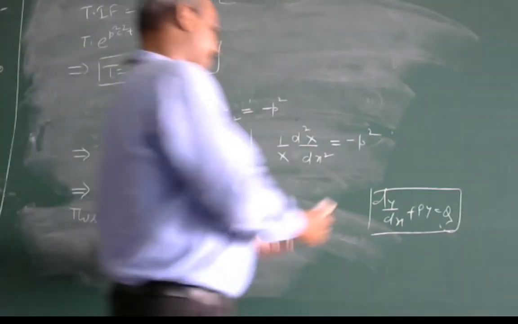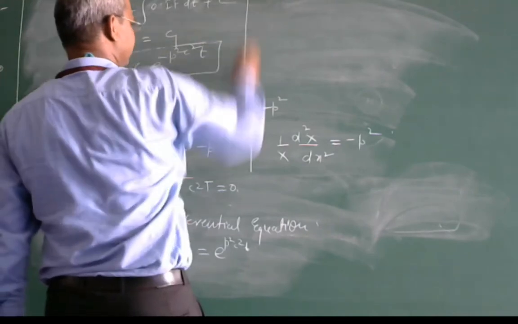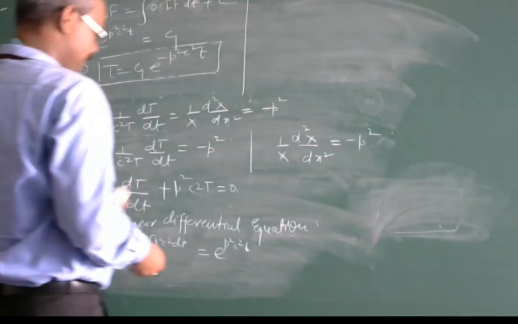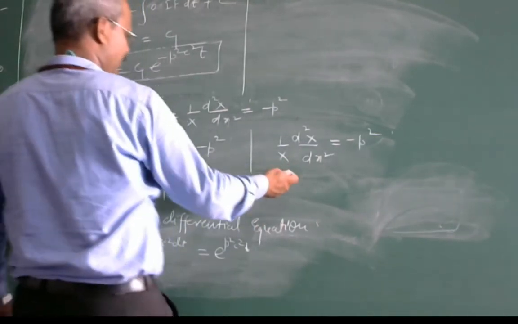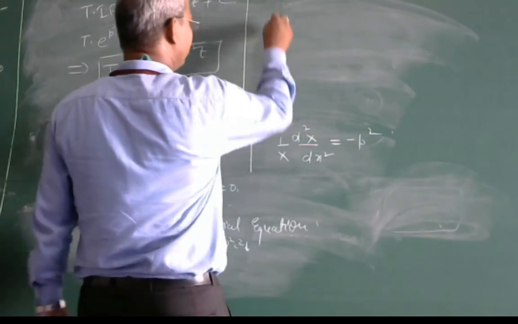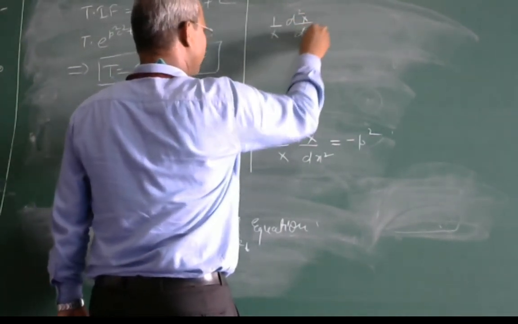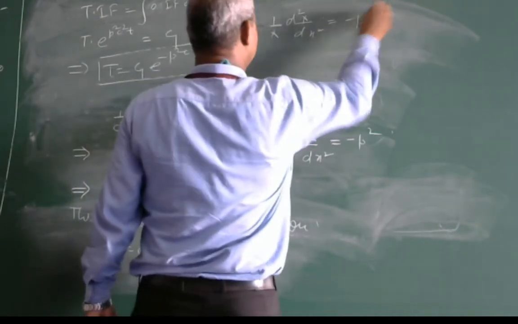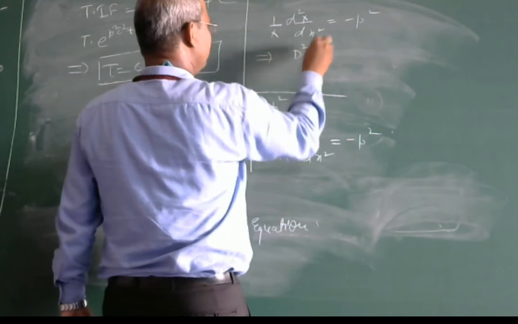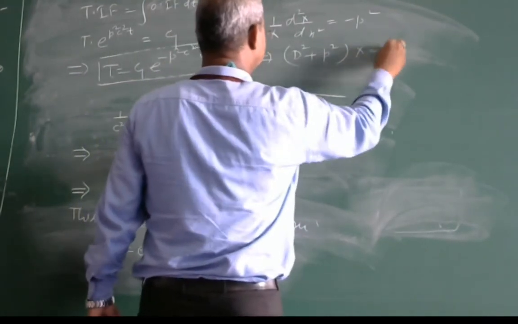So by the same process, just see here, this can be written as 1 upon X d2X by dx square equals minus p square. So this implies that (D square plus p square) X is equal to 0.